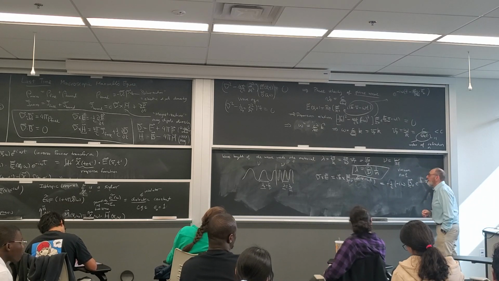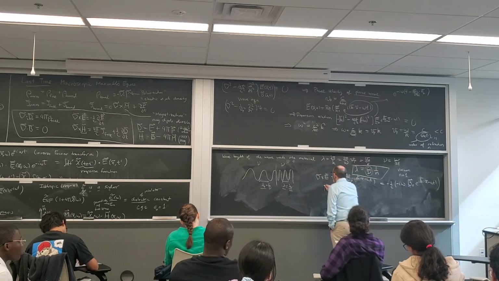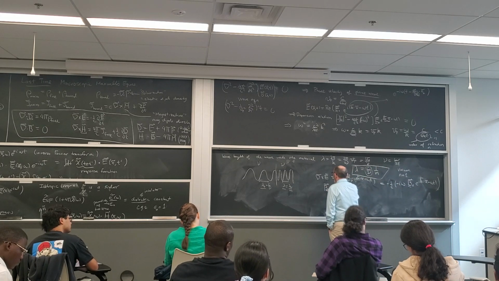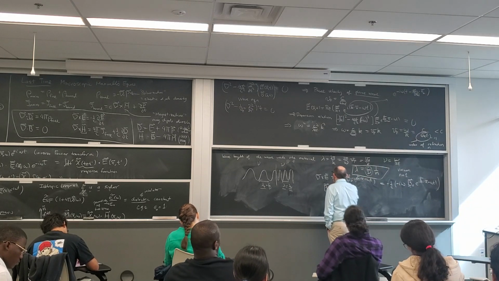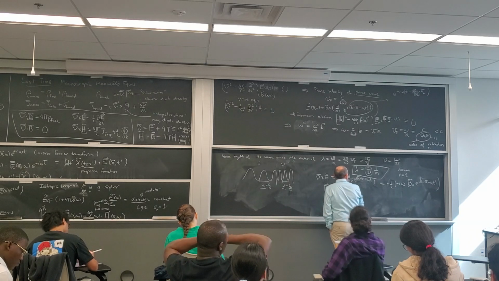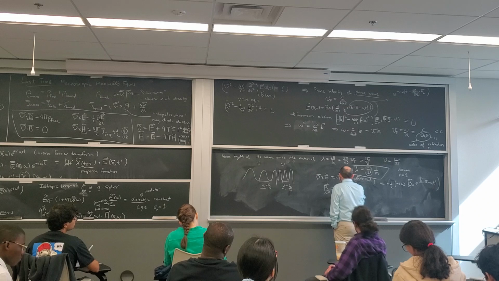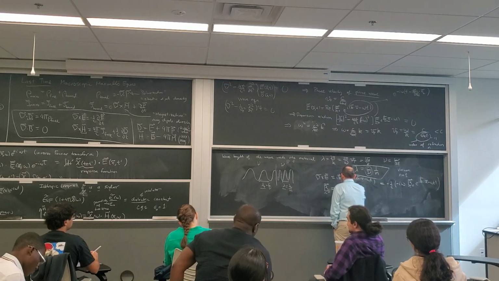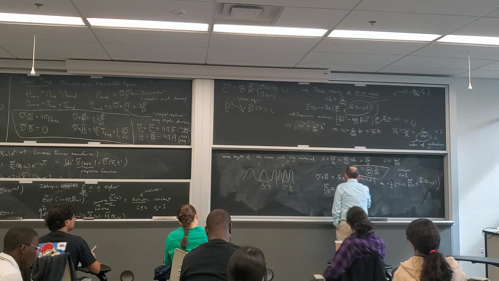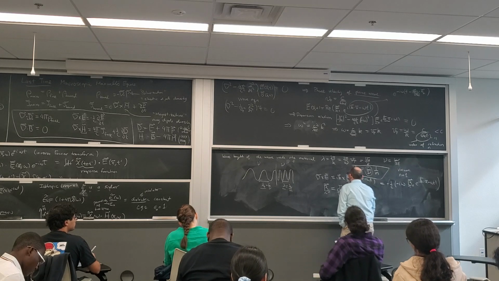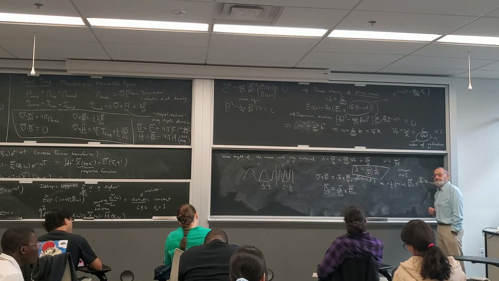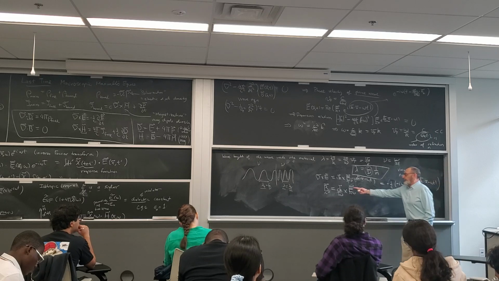So this tells me that if I have a plane wave, then the amplitude of the magnetic field is related to the amplitude of the electric field by k times c over omega cross E naught. And what is this?